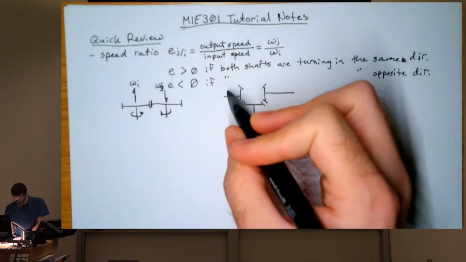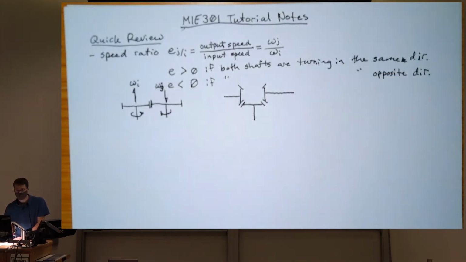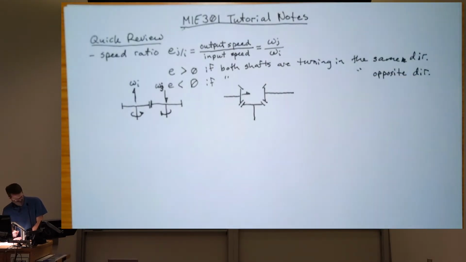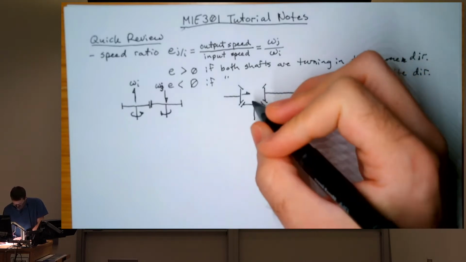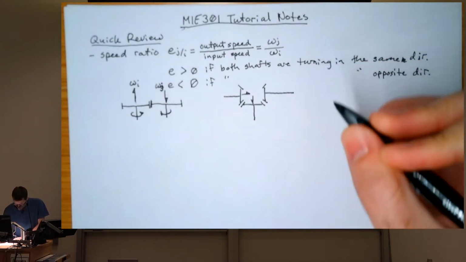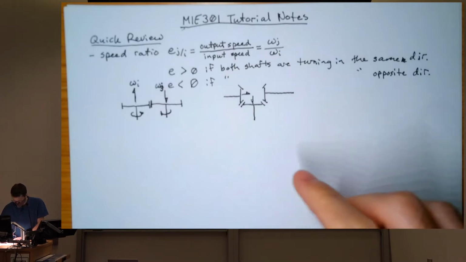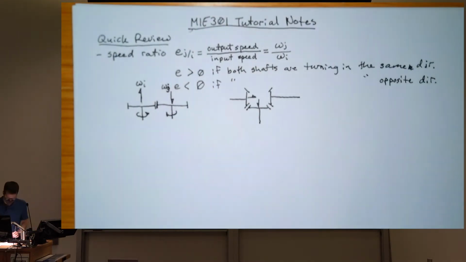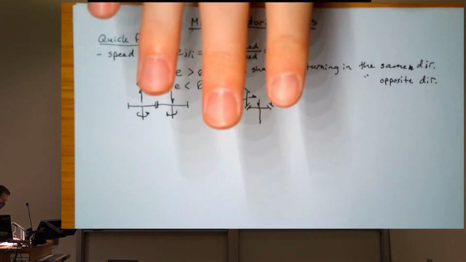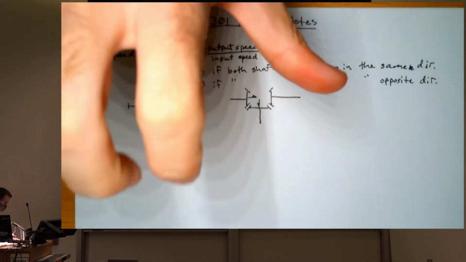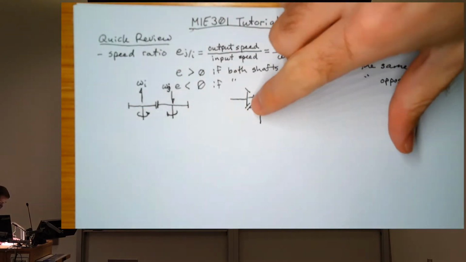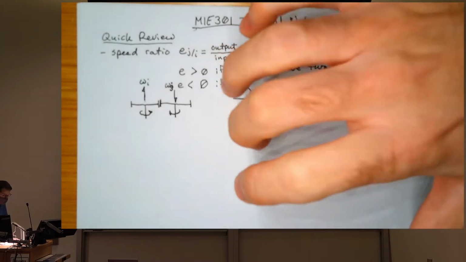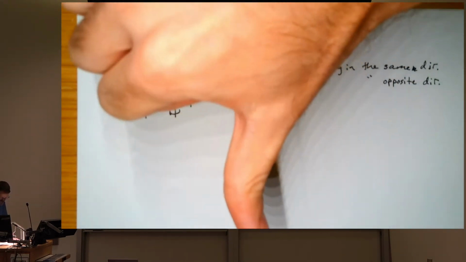If you're going to draw the rotation of all of these, it can be a little hard to keep track of. But we know that this one, let's say, has some rotation that way. Then this one is going to have a rotation like that. Again, using the right-hand rule, my thumb's pointing in the direction of the arrow, my fingers curl into the page, so we can see the velocity of that point is down into the page, which means that for this one, the velocity must be down into the page, so that's why the arrow is pointing that way.